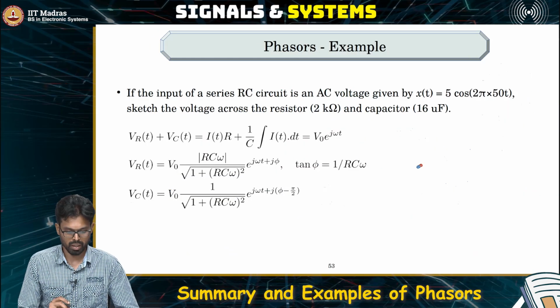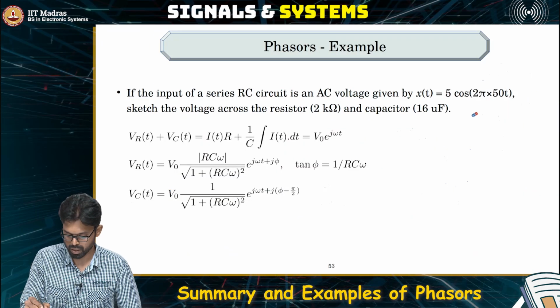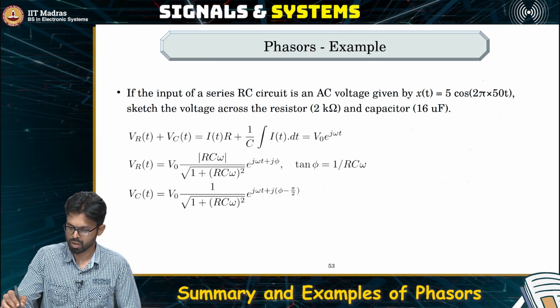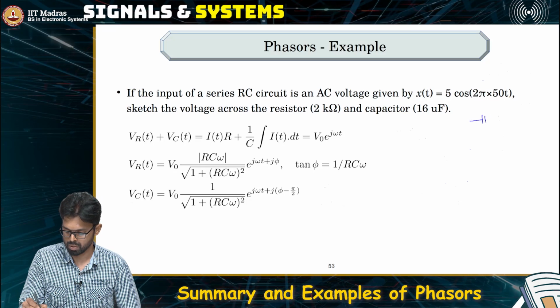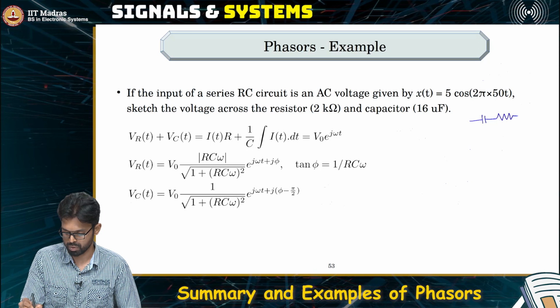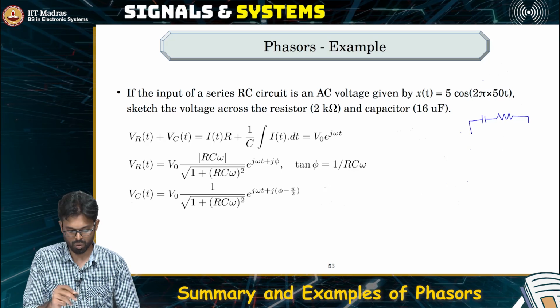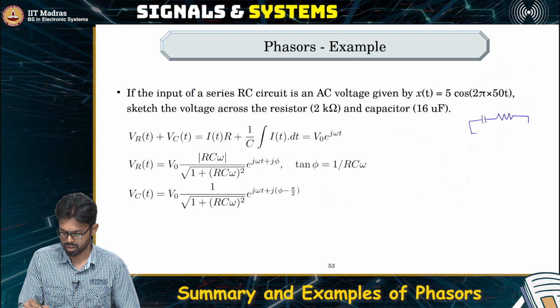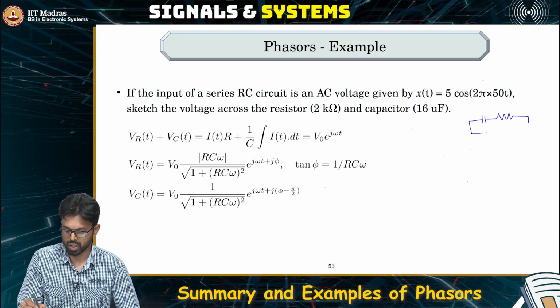So let's see an example. In this example, what we have is a series RC circuit, which we already saw before, and hence we already have the voltage across the resistance and the capacitor from our analysis earlier.